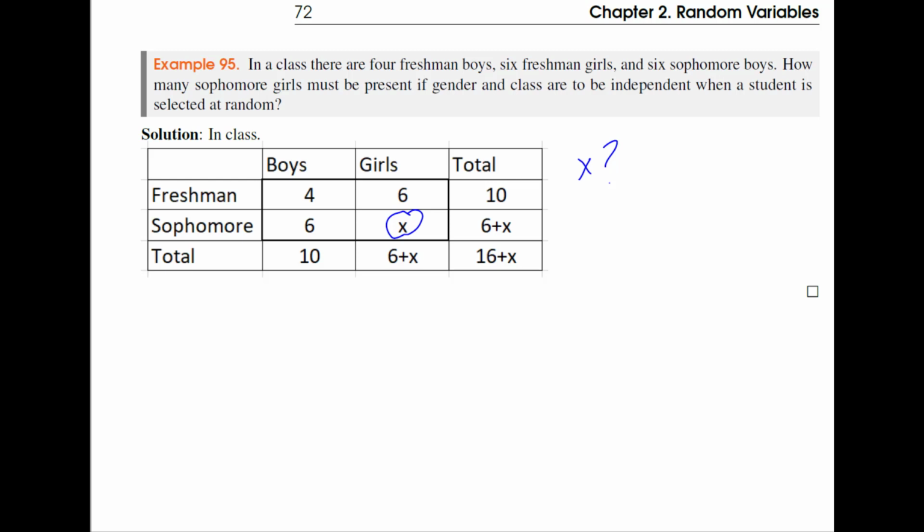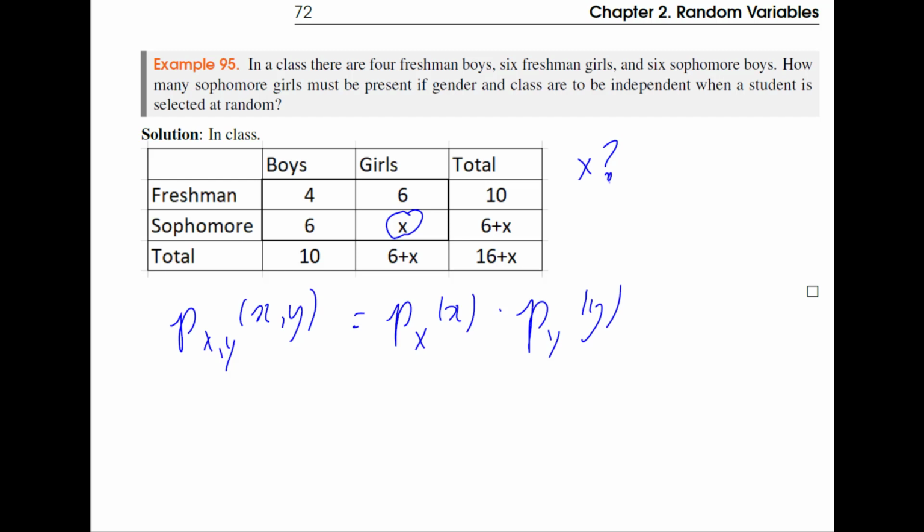So the condition of independence, remember, is that the joint density at any point there has to be equal to the product of the marginals. Which means, for example, you can take any point in the body of the table.